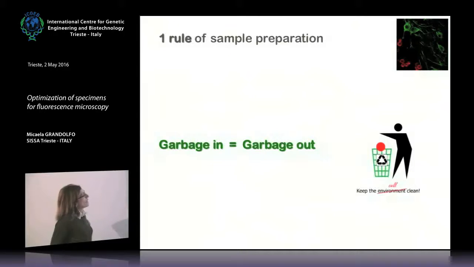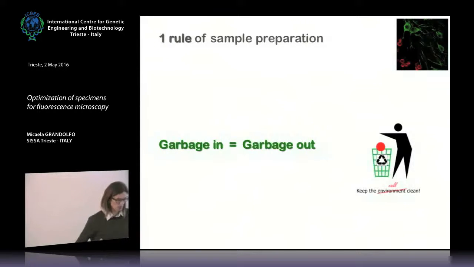I wanted to speak about 2 fundamental rules. The first one in sample preparation is, remember that garbage in means garbage out. If your sample is not a good sample, if your staining is a bad staining, if your fluorophore is not the proper fluorophore, if your antibody is not recognizing properly your antigen, forget to have a good image, just because you have a fantastic new confocal microscope at the 2nd floor of your institute.